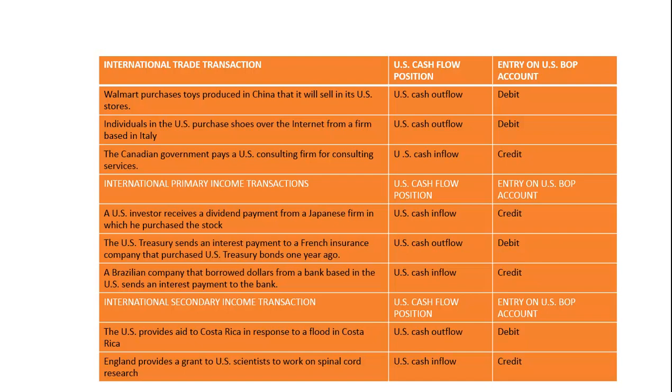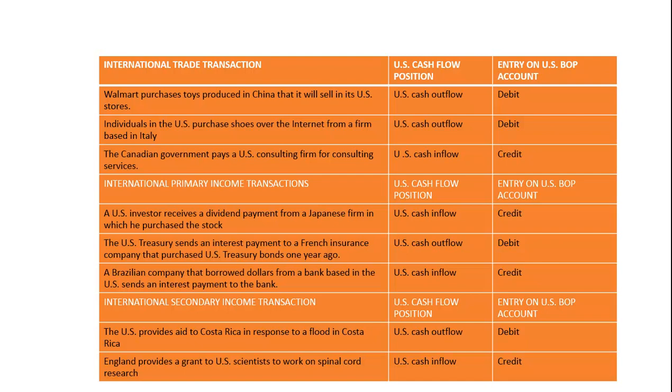If the U.S. Treasury sends an interest payment to a French insurance company that purchased U.S. Treasury bonds a year ago, or for that matter 10 years ago, this would be a U.S. cash outflow and would be recorded as a debit. And the final example I have for primary income transactions, suppose a Brazilian company that borrowed dollars from a bank based in the U.S. sends an interest payment to the bank. That would be a U.S. cash inflow, and that would be a credit.